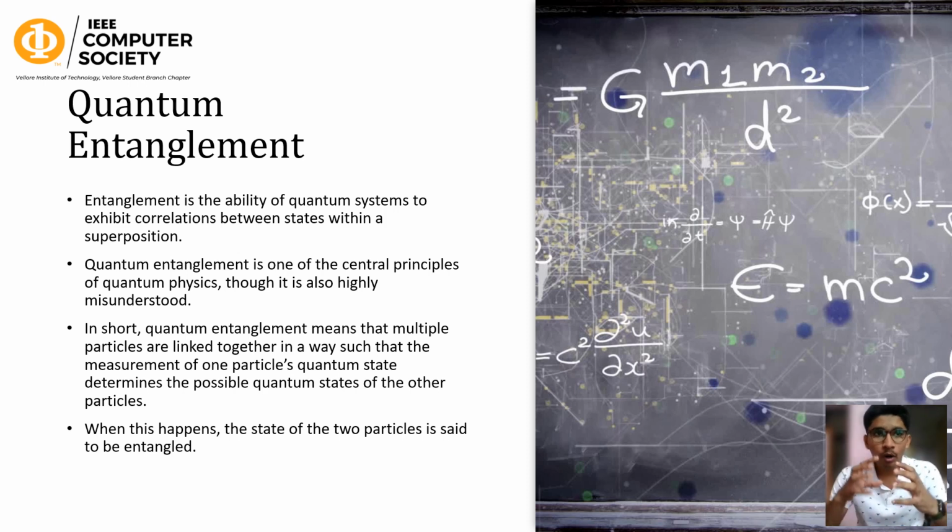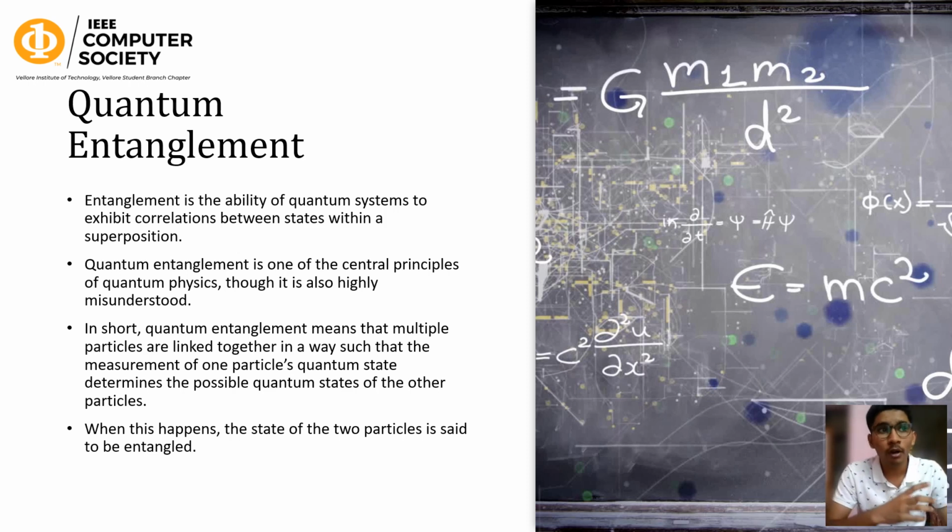Now I put one of these electrons into another universe and the second into a totally different universe. Still, if I tell you that these two particles are quantum entangled, it means there is a distance relationship or a correlation between them.